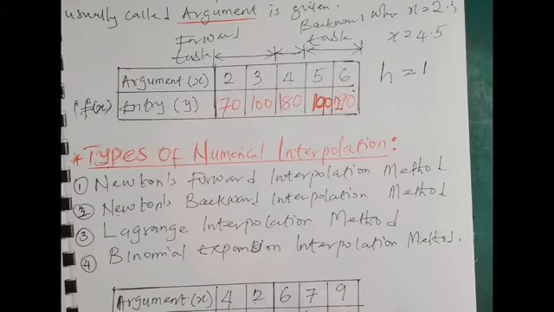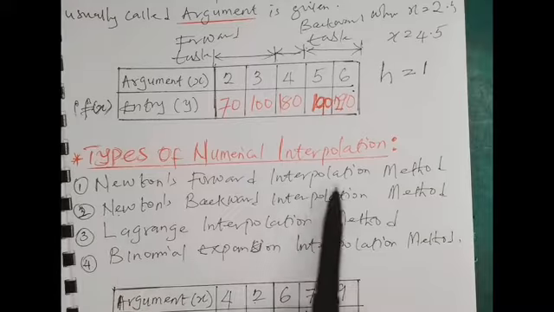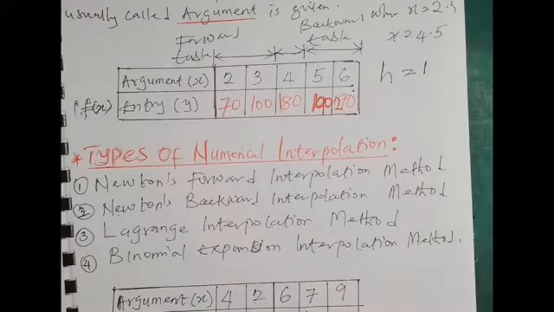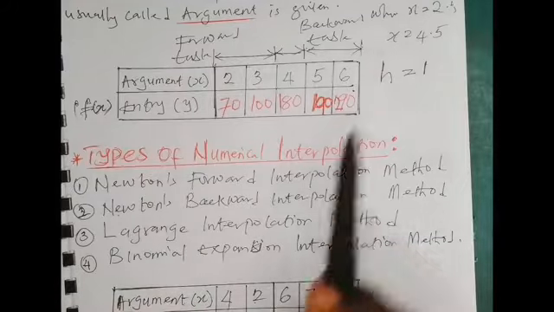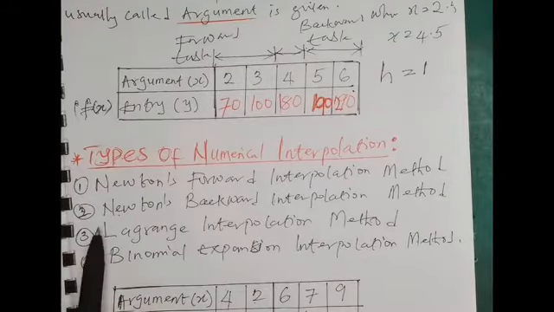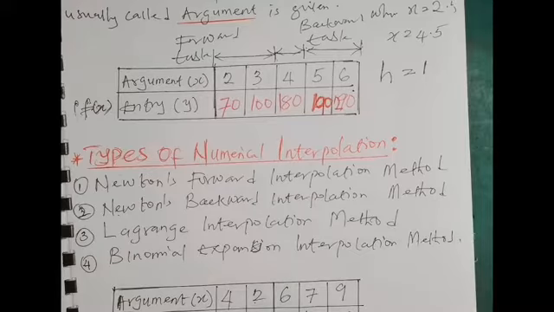Again, you understand the nature of the table, whether it is forward or backward. For a given value of x which you are to interpolate, if it lies at the forward table, you use Newton's forward interpolation method. But if it lies at the back of the table, which is the end of the table, then you employ Newton's backward interpolation method.